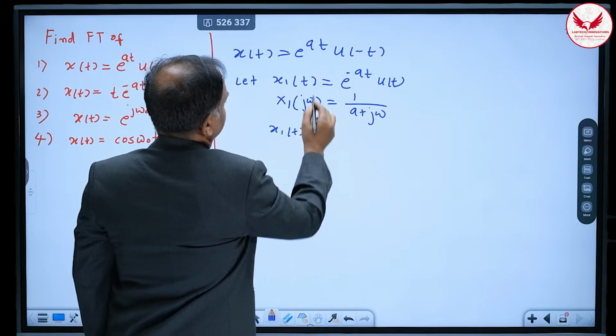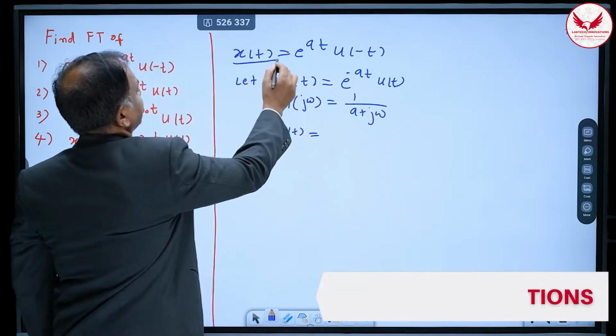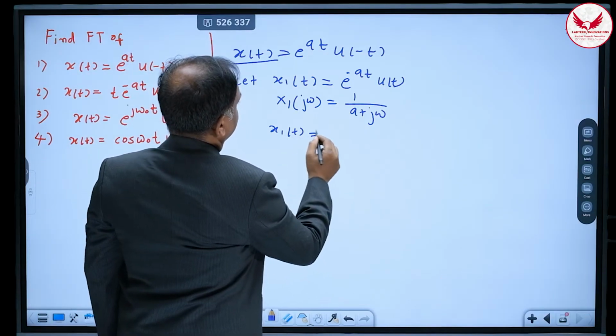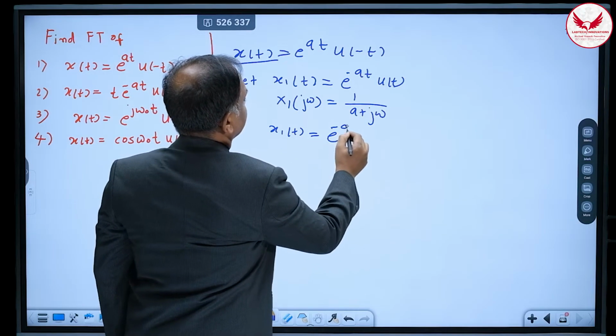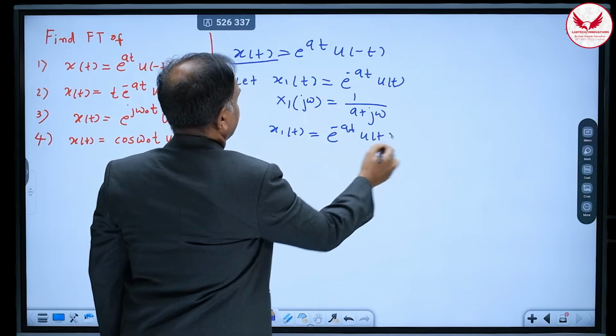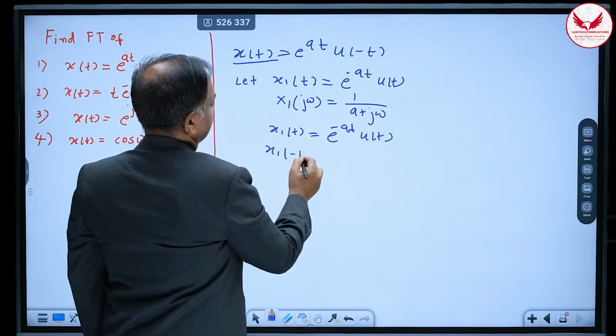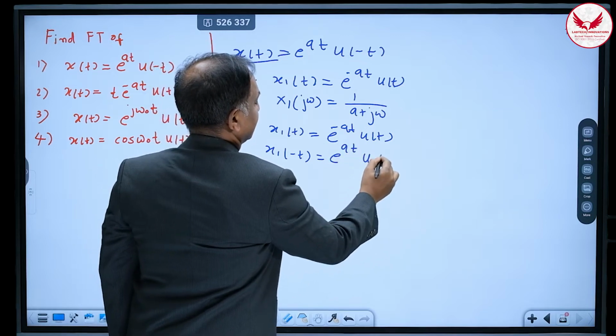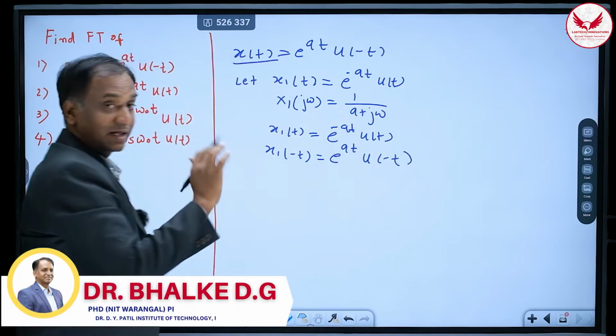Now look at the relation between x of t and x1 of t. x1 of t is equal to e raised to minus at u of t. If you take x1 of minus t, the time reversal in the time domain, it is nothing but u of minus t. It is a time reversal signal.